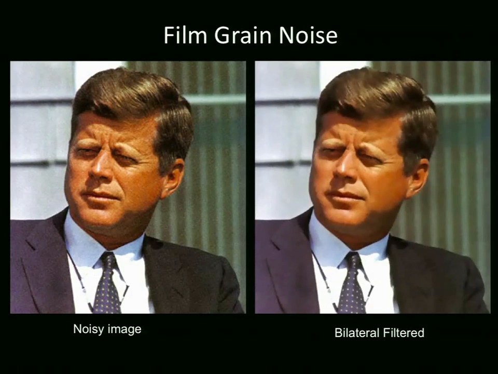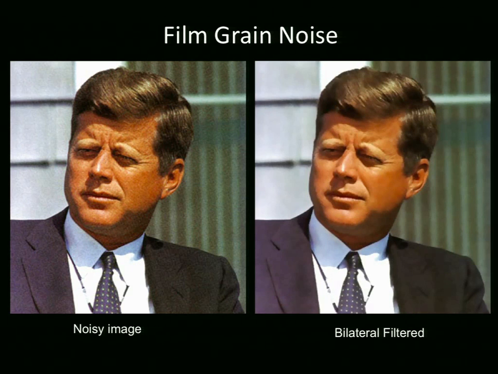So let me give you a few examples of what these things look like. The image on the left-hand side is a digitally scanned 35 millimeter photo from 40 years ago, 50 years ago. And it contains noise that is not Gaussian. It certainly isn't uncorrelated. It's real noise. And so that's the image on the left.